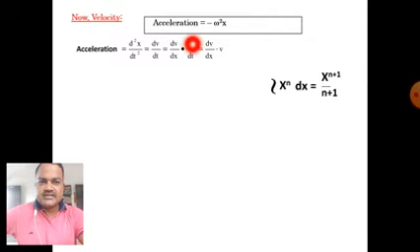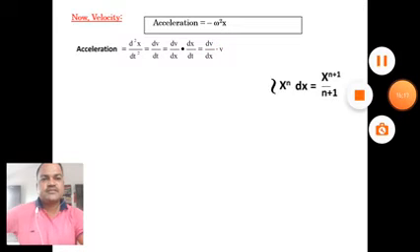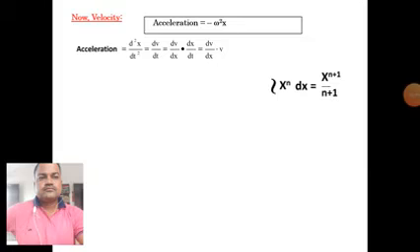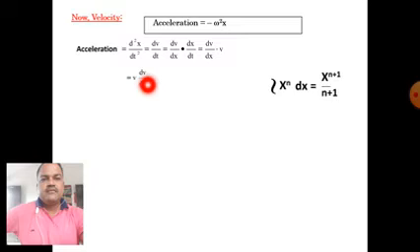As dx upon dx cancels, we cannot change this formula, but we split it as given. dx upon dt is nothing but v, the rate of change of displacement. So therefore the formula arises: acceleration is equal to v dv upon dx.